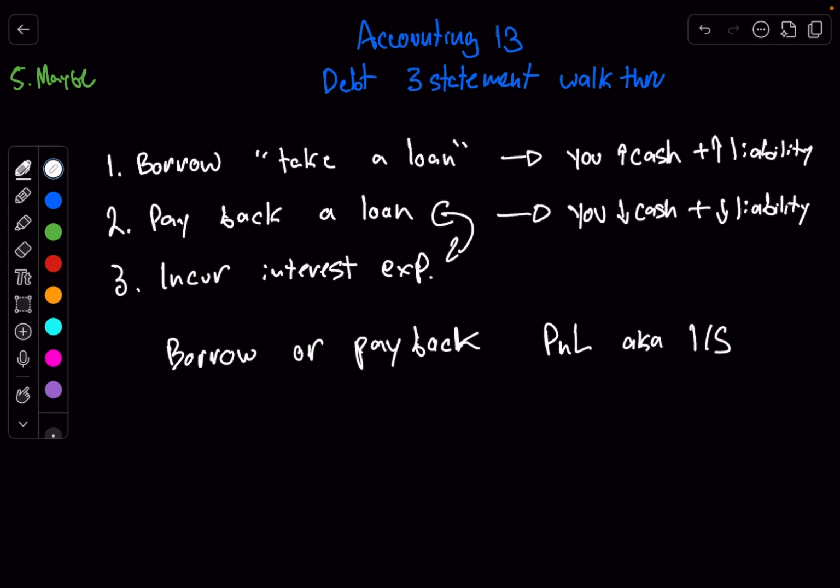It doesn't make sense that you would consider a student loan that you took out as part of your income for the year, right? That doesn't make sense. Nor would it make sense for you to say that, oh, if you just paid back the principal on a loan, that should be counted as like an expense on your income statement, right? So that's something to kind of keep in mind, that when we're borrowing or we're paying back a loan, that is not on our income statement, right?